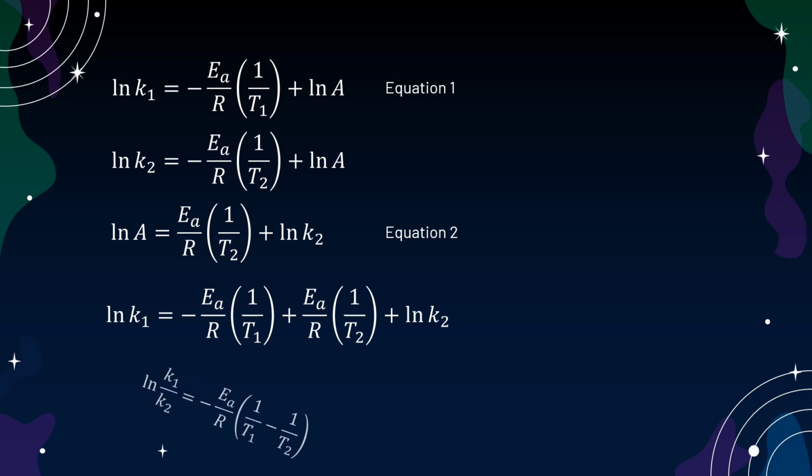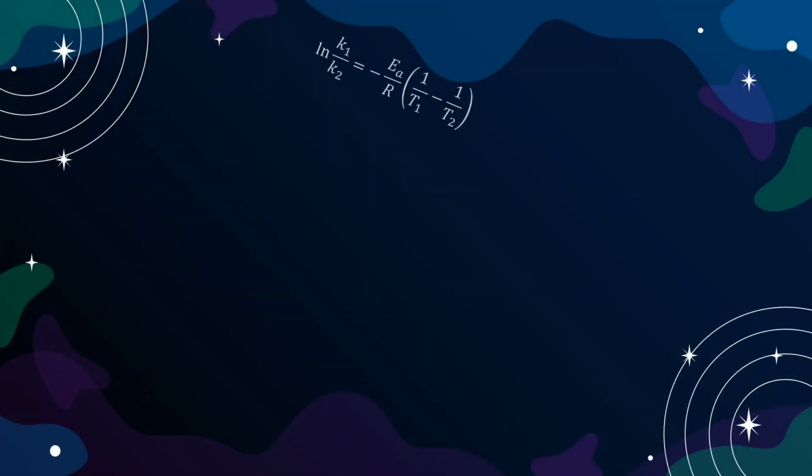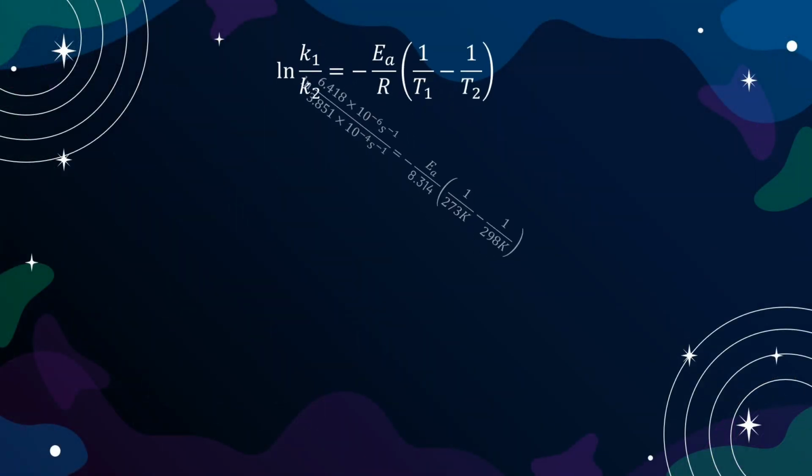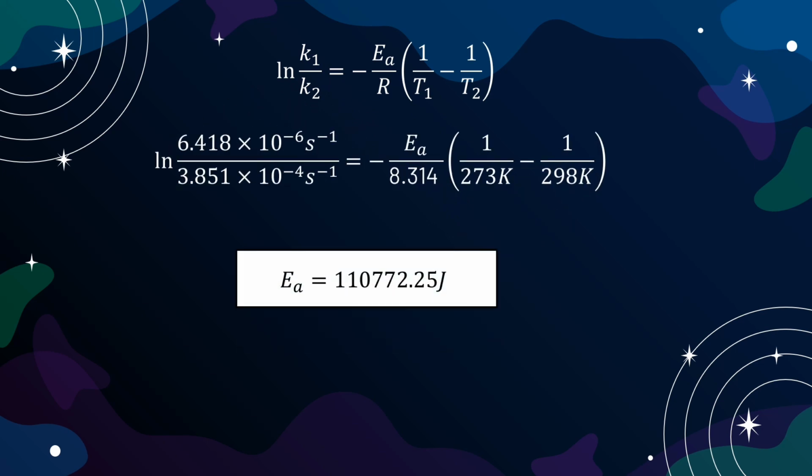Then we derive it as ln k1 over k2 equal to negative Ea over R times 1 over T1 minus 1 over T2. So from that equation, we insert all the values, then we will get the activation energy is 110,772.25 joule.